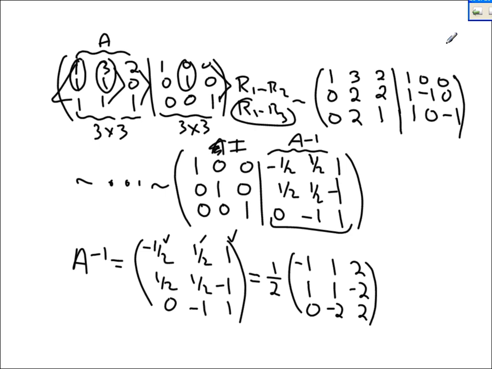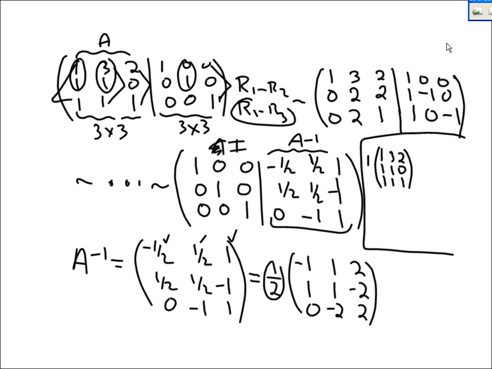I wish I had a little bit more space. I'll try my best to sneak it in here. I would take the original matrix, 1, 3, 2, 1, 1, 0, 1, 1, 1, and multiply it by the inverse. But the half can come in the front.